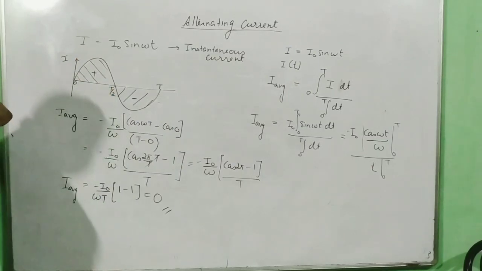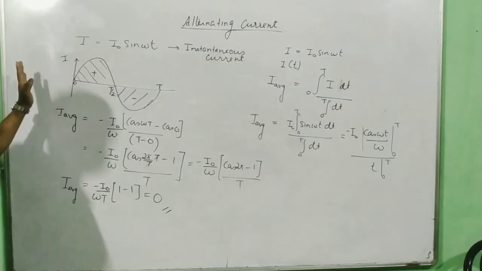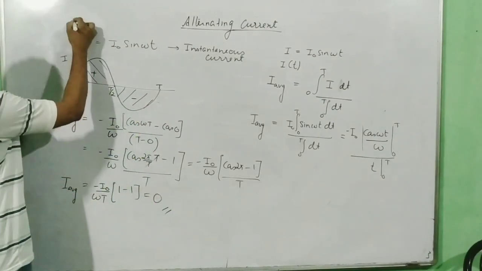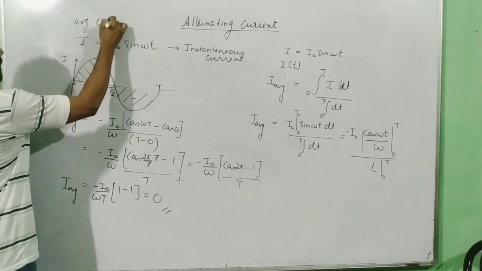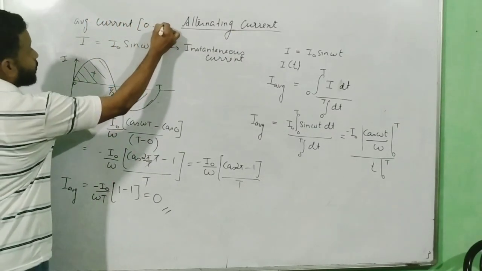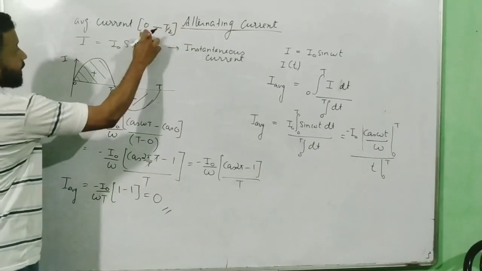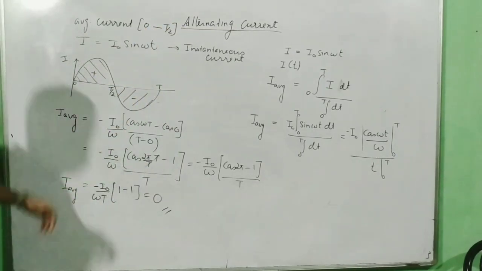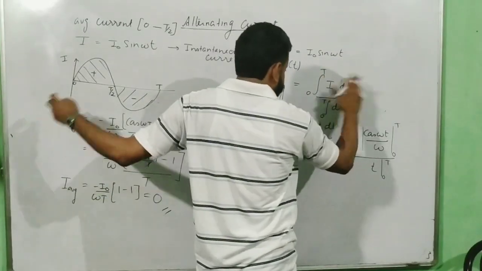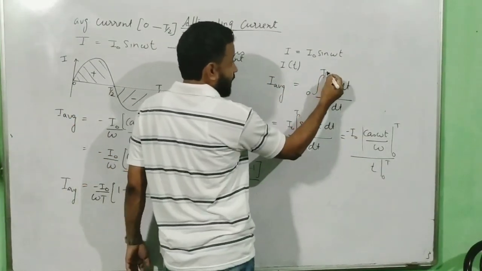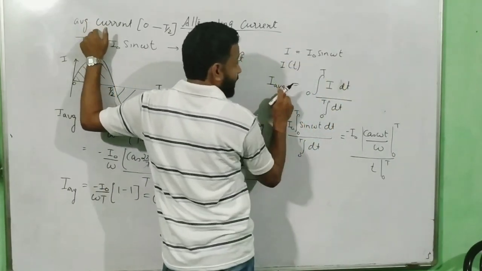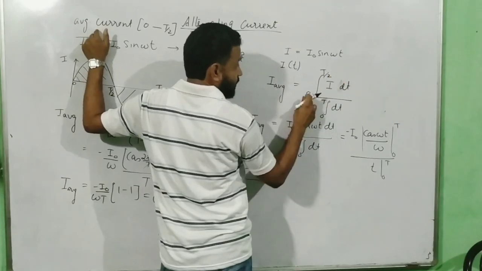Okay, so I am starting a new derivation now. Take a note of this: the heading of the new derivation is average current. From where to where? From 0 to T by 2, the half cycle. So what are the things which will change over here? I'll just write the essential quantities. It has started from here, come to this point, and I am finding the average from 0 to T by 2.